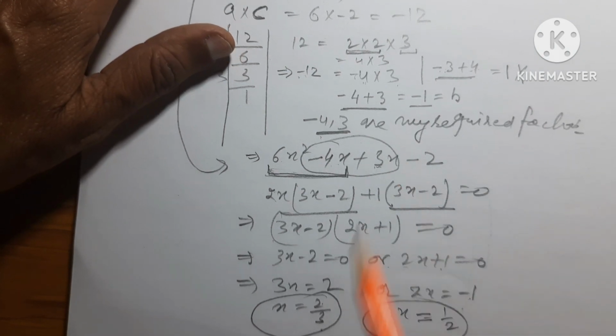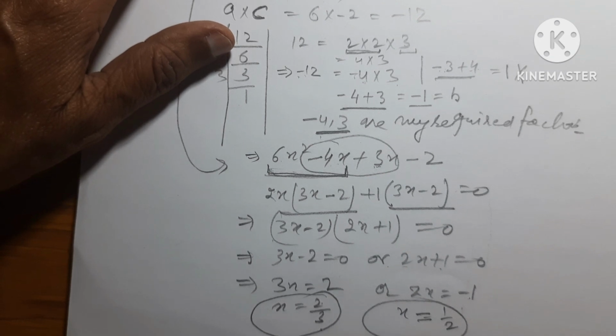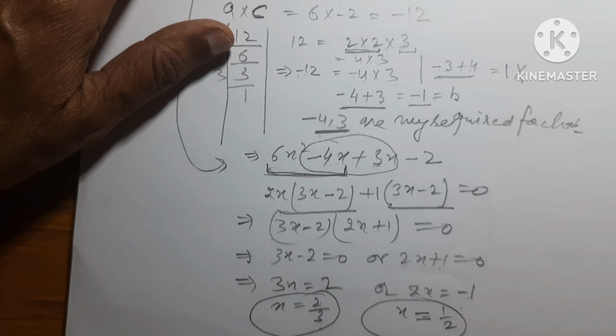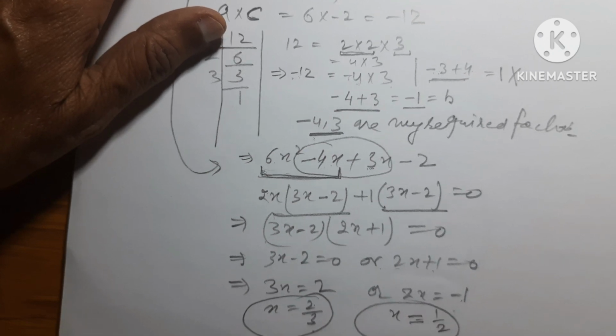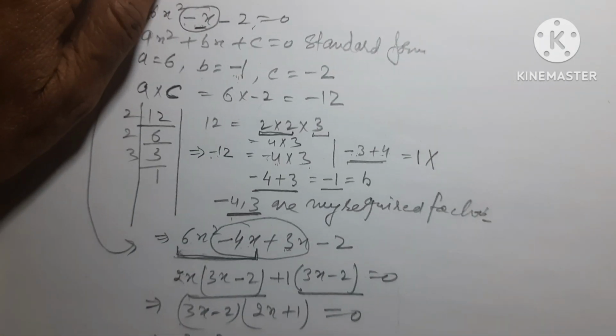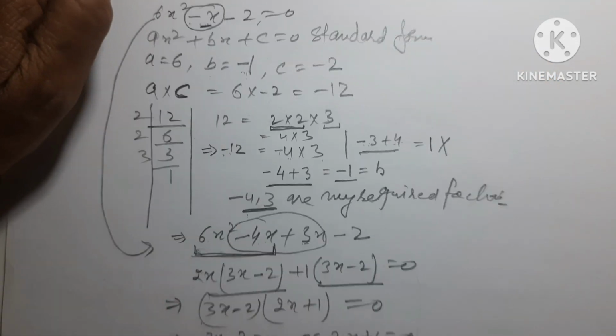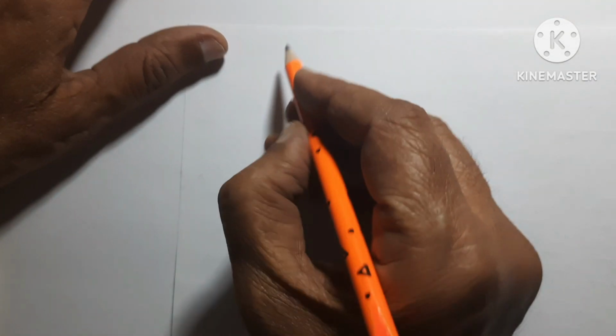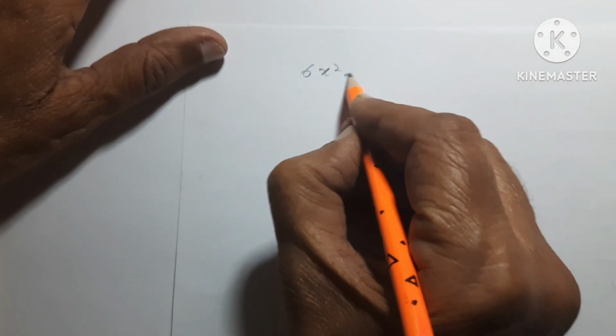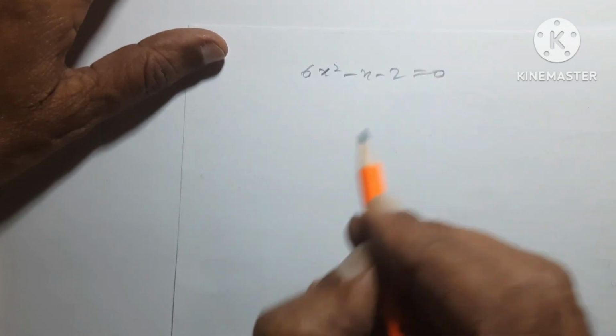So this is how we can solve the equation, how we can find the value of x. There is another technique for finding the solution. The same equation we will do with another method. This equation is 6x square minus x minus 2 is equal to 0.